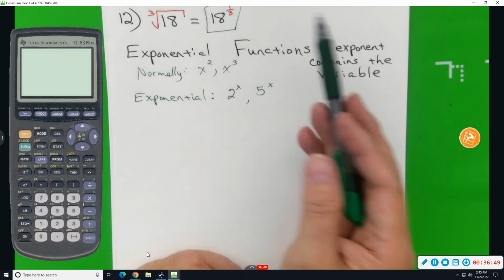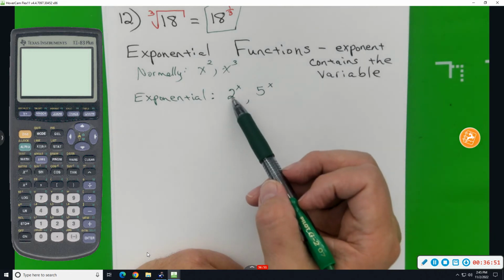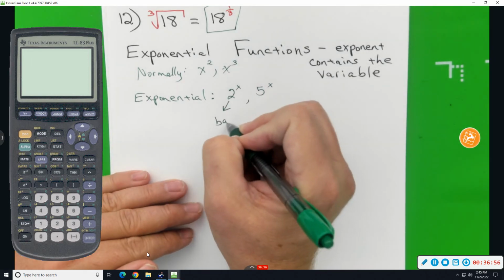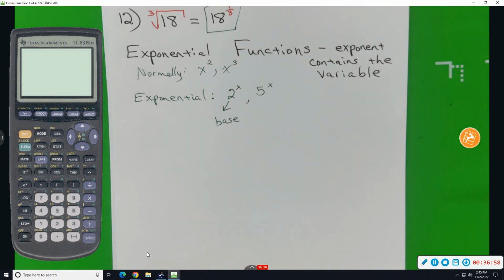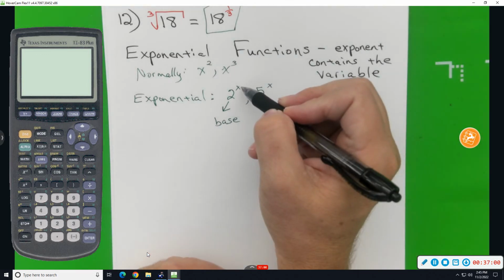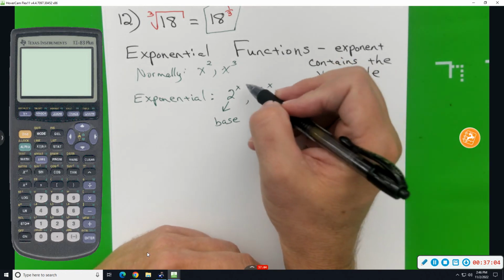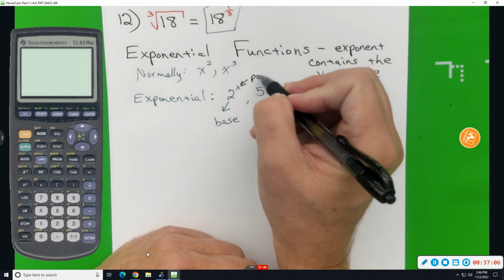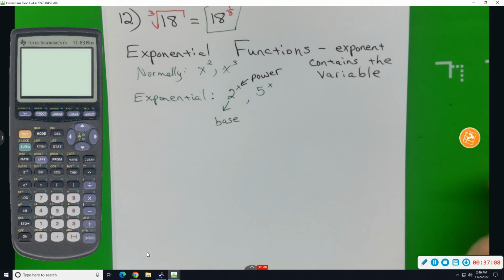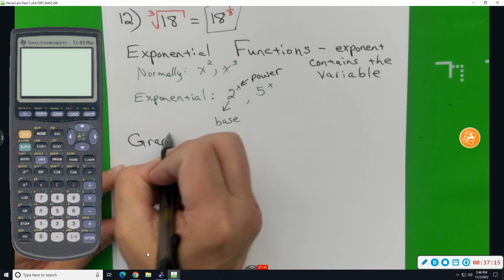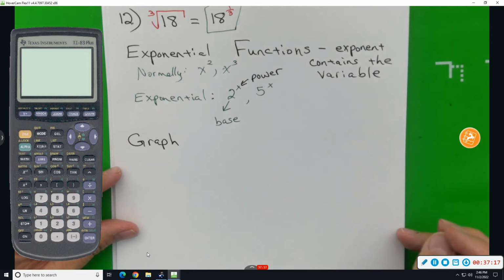In terms of exponents, the 2 and the 5, that's called the base. And the stuff that's written up here is called the power or the exponent. We know that terminology. We're going to graph exponential functions first. And then we're going to solve some exponential equations.